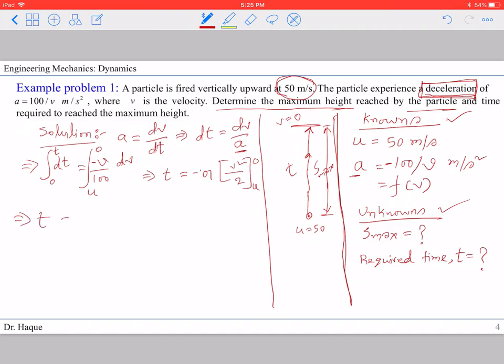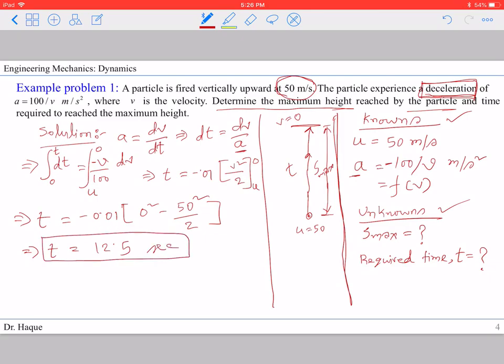Now t equals minus negative 0.01 times 0 squared minus u, which is 50 squared over 2. If we solve this, we get t equals 12.5 seconds.